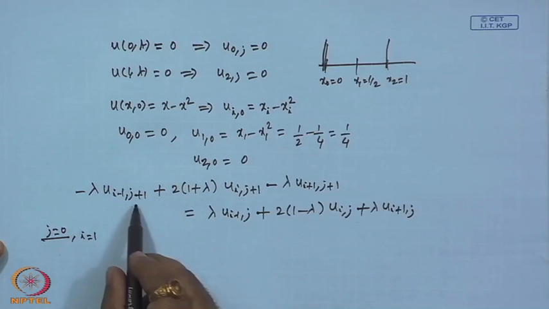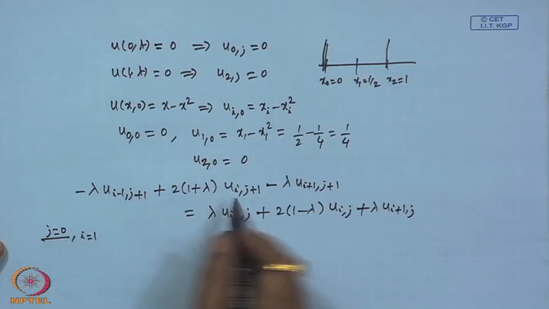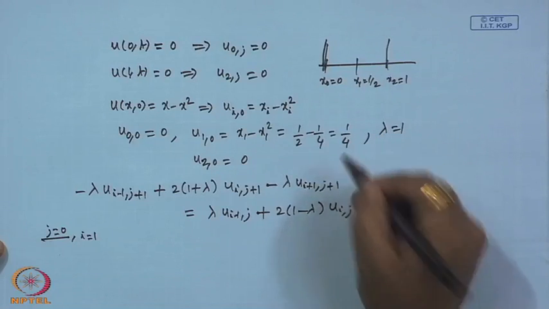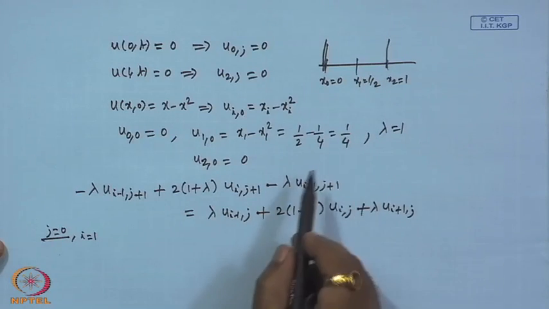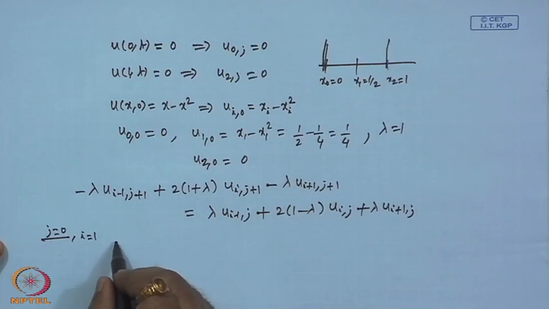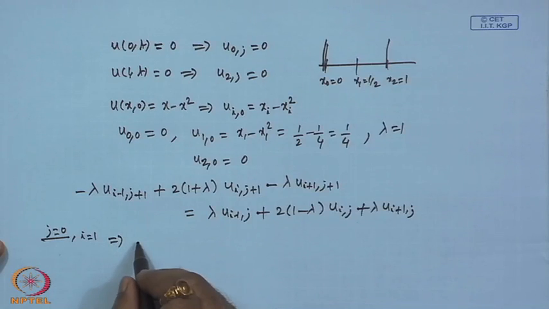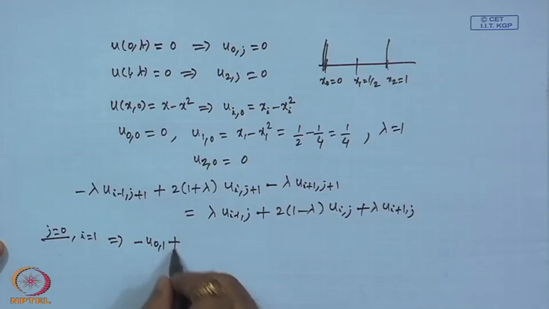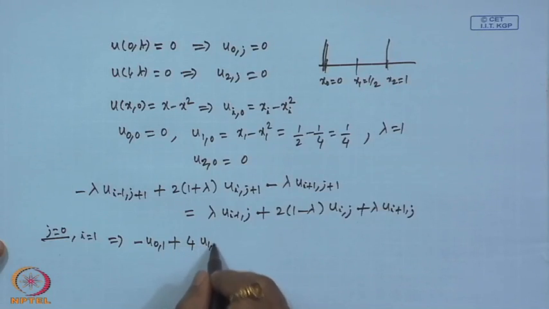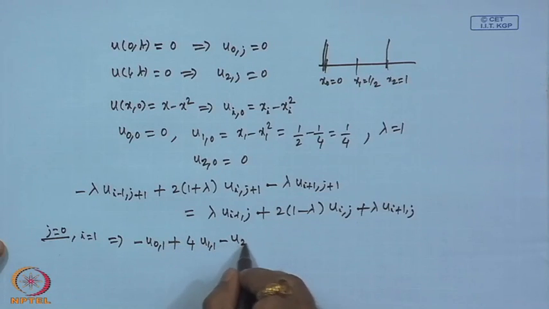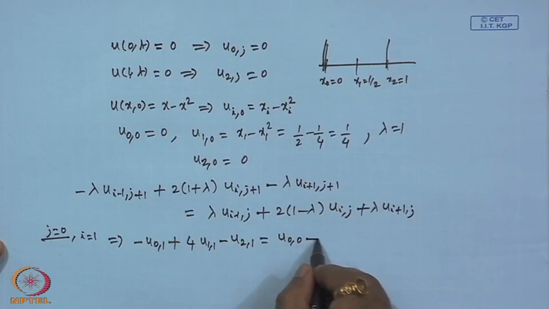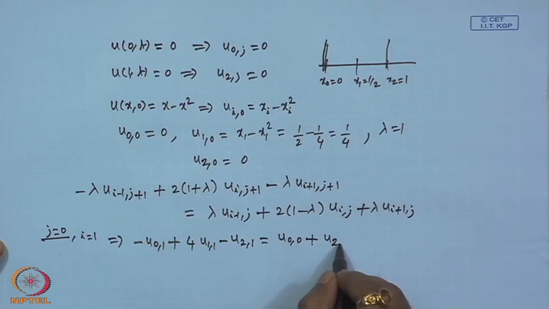So, j is 0, i is 1 and lambda is 1, from the choice we have taken. Okay. So, now this implies minus u_0,1 plus 4 u_1,1 minus u_2,1 is u_0,0 plus lambda is 1, this term goes off, u_2,0.